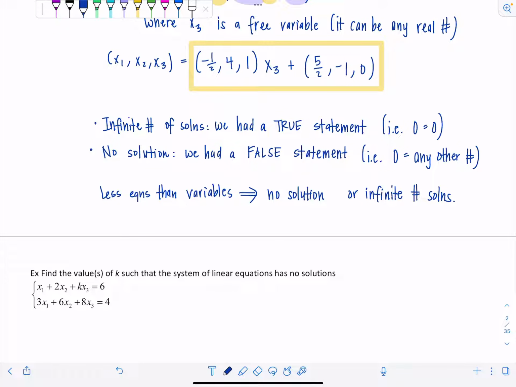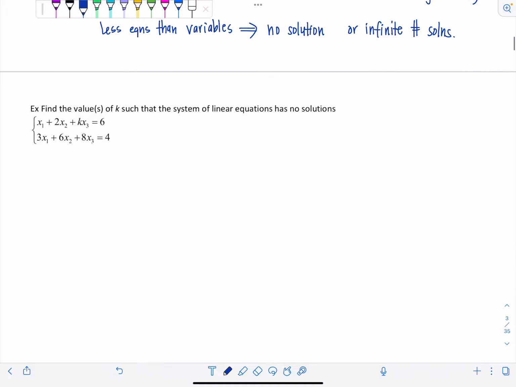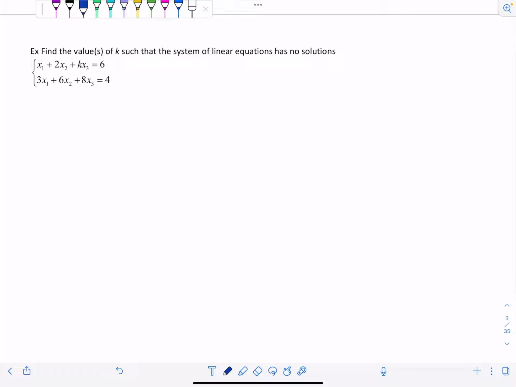Good. So let's explore a little bit with having no solution to the system, okay? And the example asks us to find the value or values of k such that the system of linear equations has no solution. So basically they want it so that you end up with some sort of false statement when you're performing Gaussian elimination.